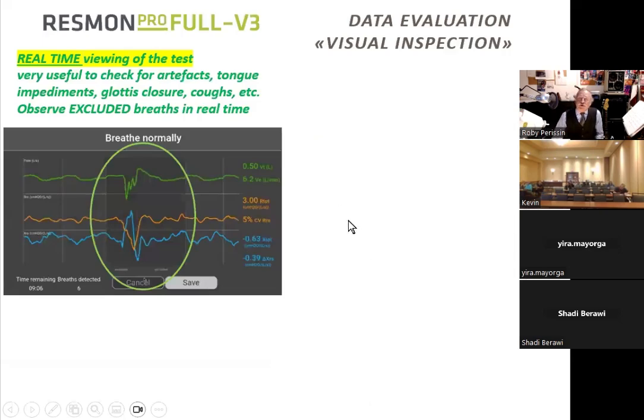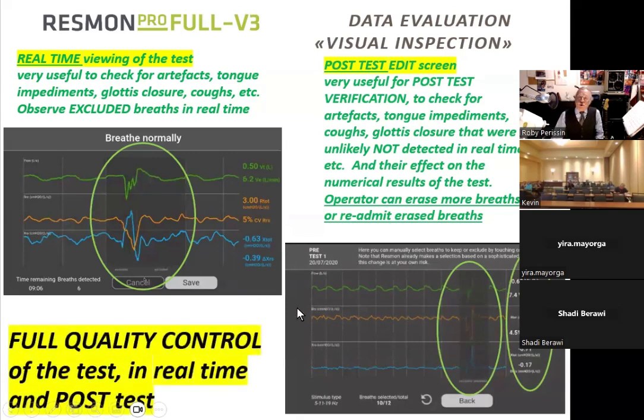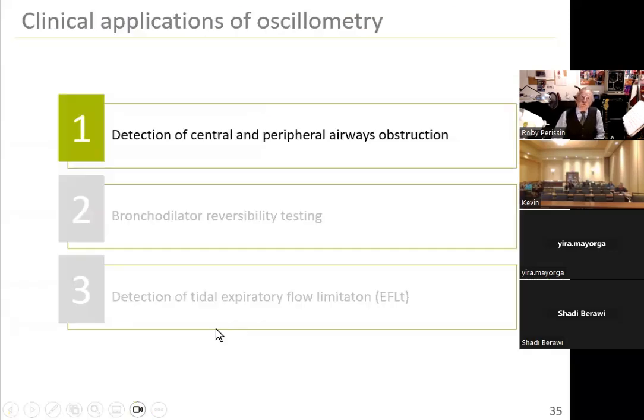After the measurement, you can explore why the algorithm discarded certain breaths, admit other breaths, and see the result immediately on the measured parameters: ventilation and tidal breathing, resistance and reactance, and tidal expiratory flow limitation. So quality control is guaranteed throughout the test.